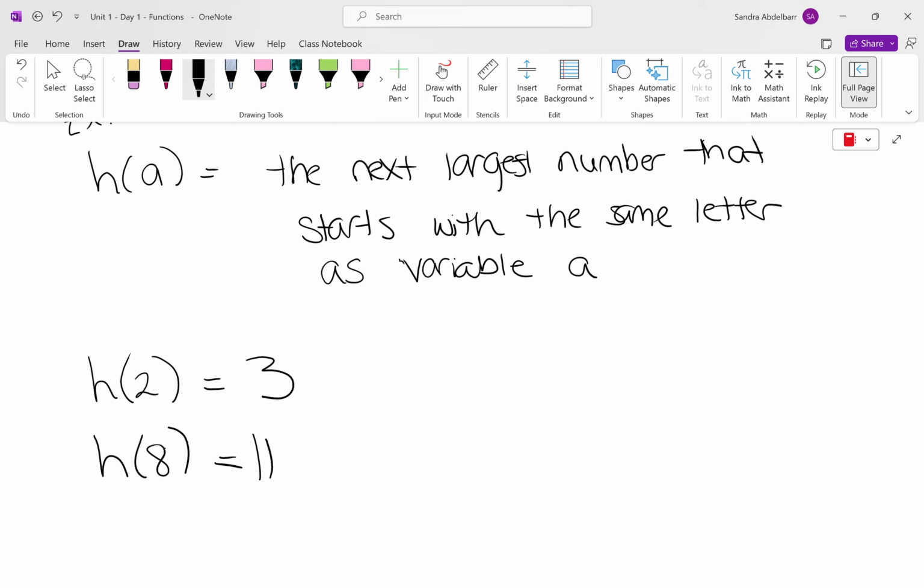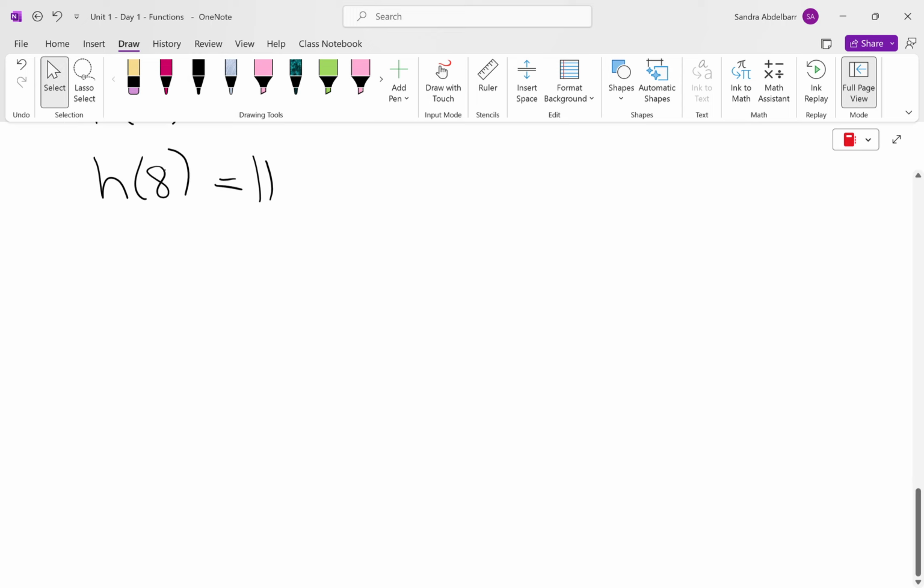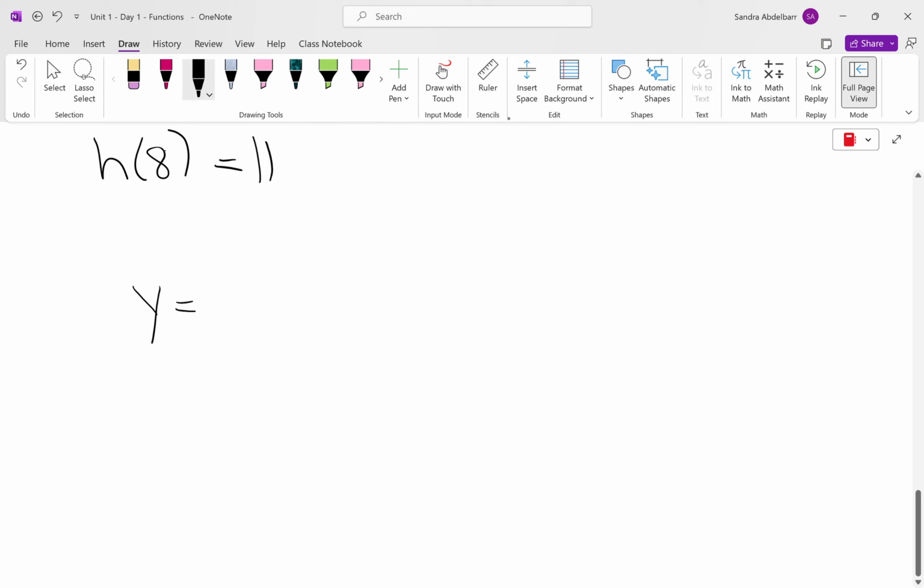Right. Like I said, functions are just a very general rule, a way to state a rule. So we have y is equal to x plus 1. This is the same exact thing as saying f of x is equal to x plus 1. Do you guys remember that the y and f of x are interchangeable?